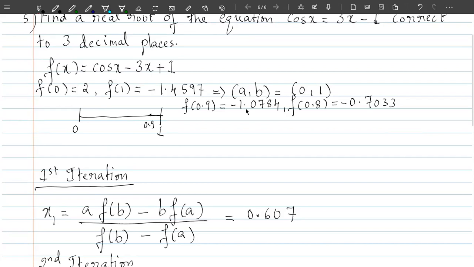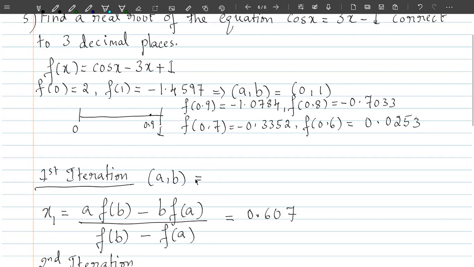If you continue like that, you will get f of 0.7 as minus 0.3352, a negative value. And if you calculate f of 0.6, then you get a positive value, that is 0.0253.